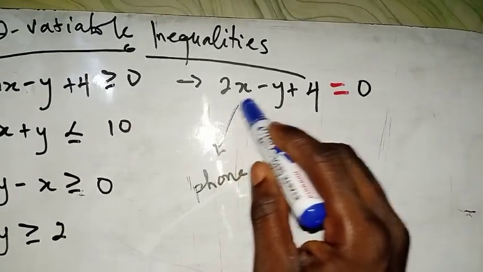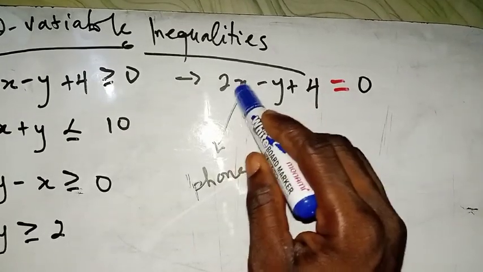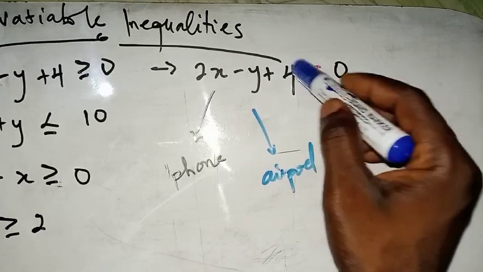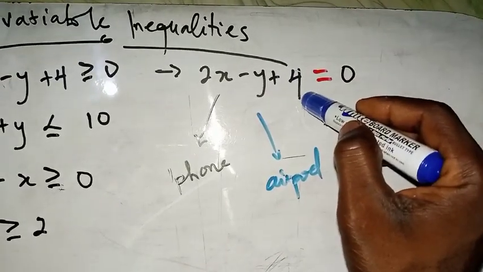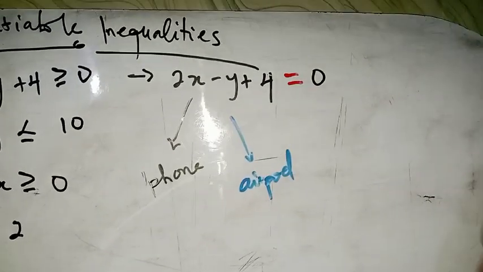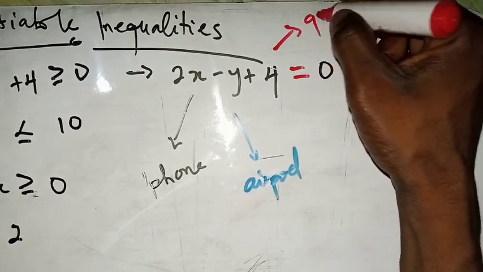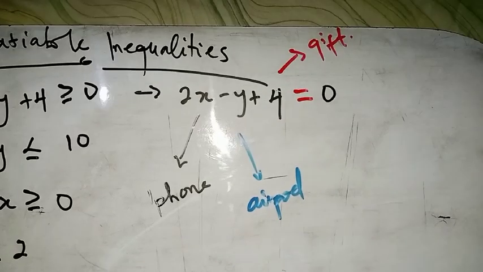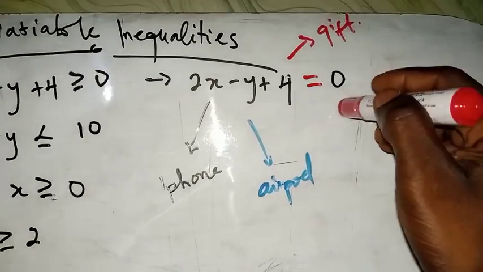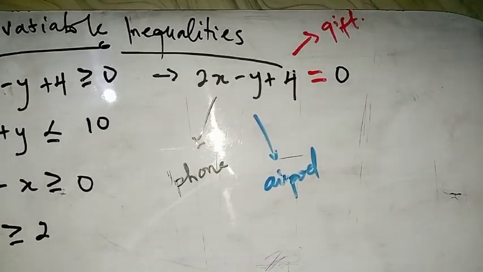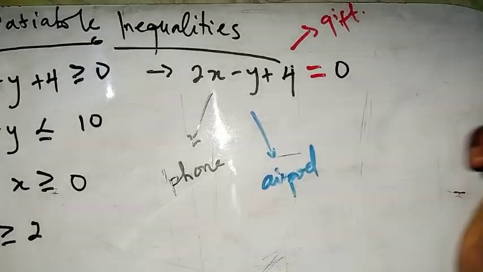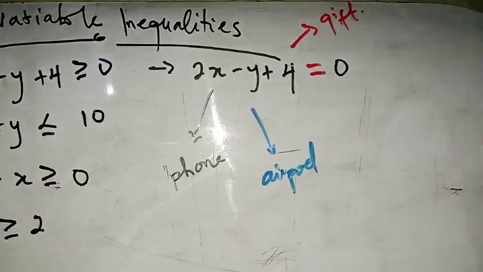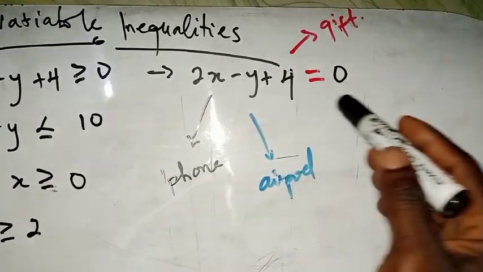So together these equations mean that two of the iPhone, minus the AirPod, and then plus 4 is just something like a gift that the shop is giving you. And then everything here must be equal to 0. So you are not paying anything at the end if you're able to satisfy this equation. Congratulations if you fall within this category.